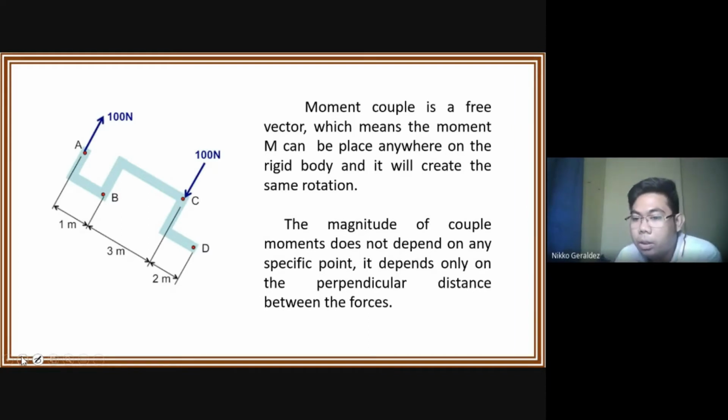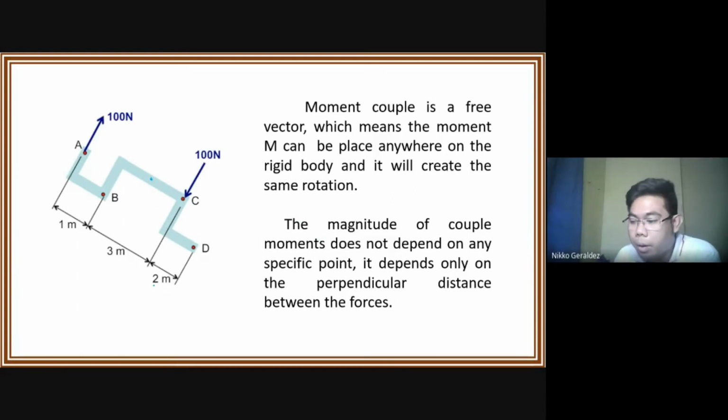It depends only on the perpendicular distance between the forces. So the free vector, the couple moment, can act anywhere: at point A, point B, point C, point D, or anywhere on the object, because it is a free vector. The magnitude of the couple moment depends only on the perpendicular distance between the forces.